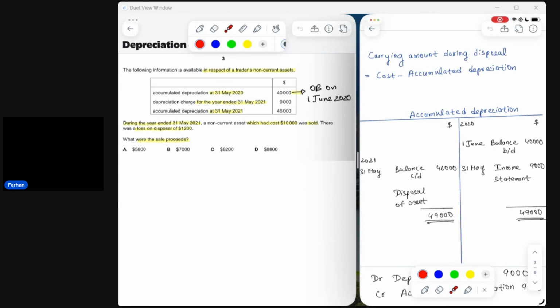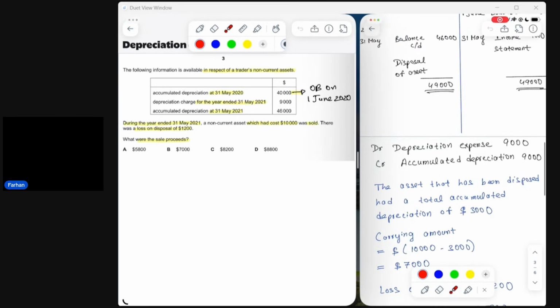The purpose of preparing this ledger account is to find that amount. In the table, we can see that the depreciation expense for the year ended 31 May 2021, the most recent financial year in this question, is $9,000.